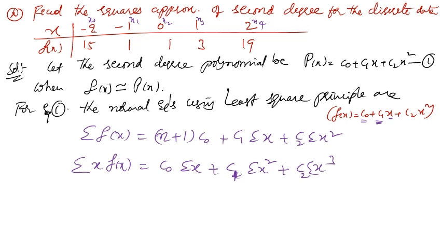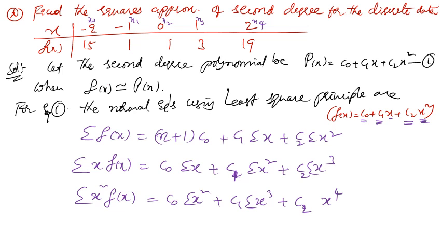Coming to the third one, c2 expression. What is its coefficient? x square, multiplied by x square into f of x: c naught into sigma x square plus c1 into sigma x cube plus c2 into sigma x power 4. Then assign summation for the x terms. These are the normal equations.